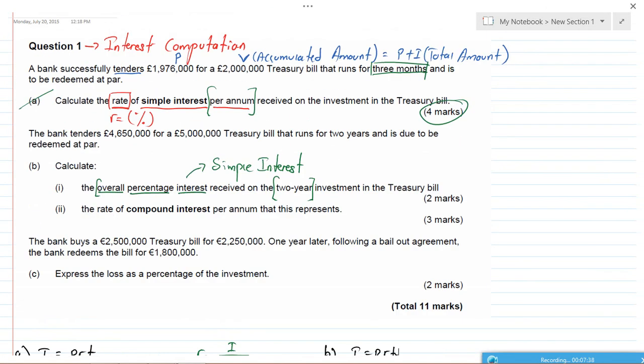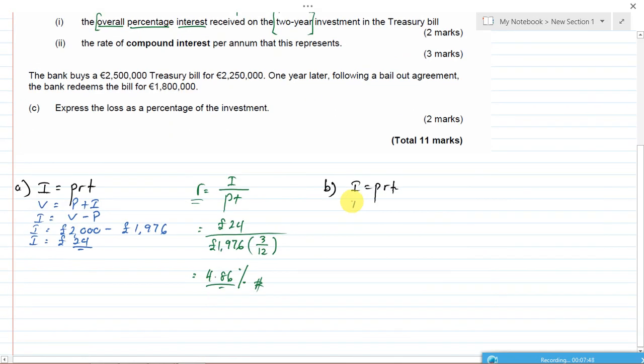Go back to the question. Again, this is your V and this is your P. We have to find the I, so V minus P.